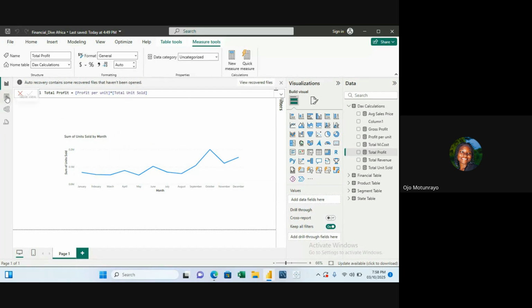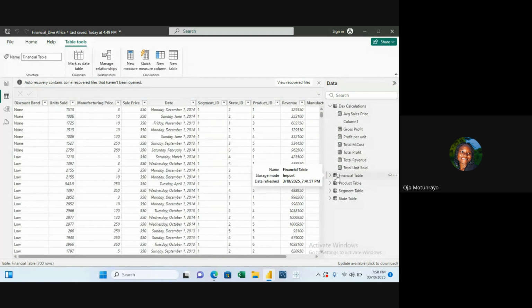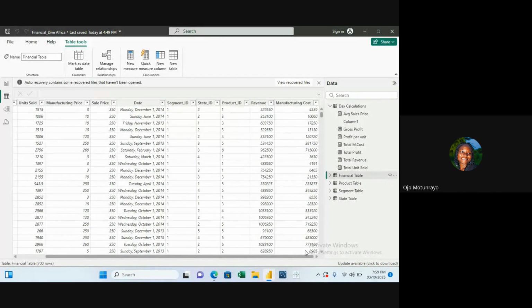Okay, I want to check the table. So looking at this, it is actually the manufacturing cost that is the expenses.